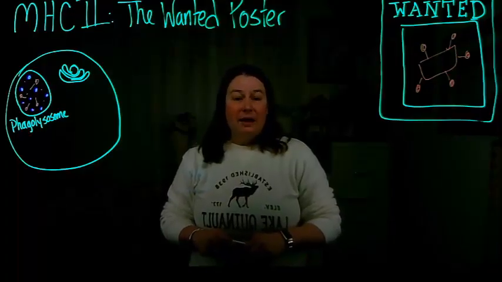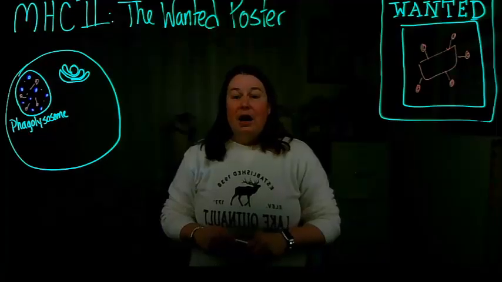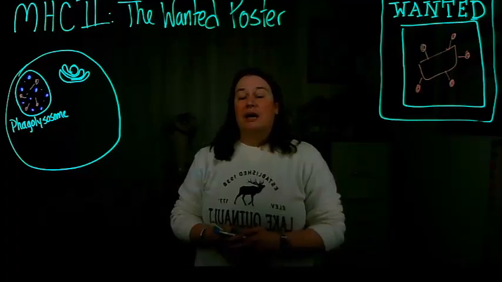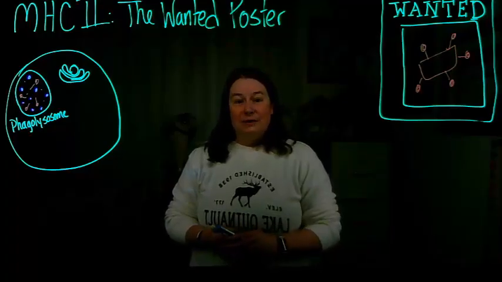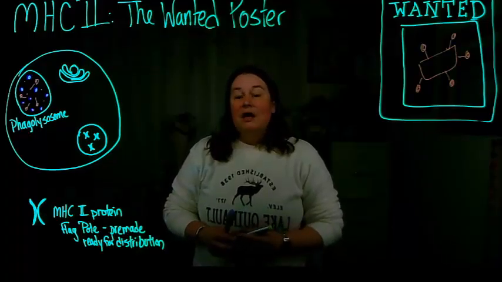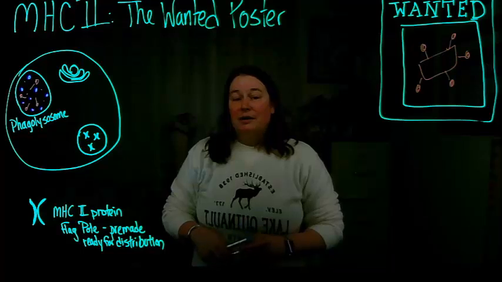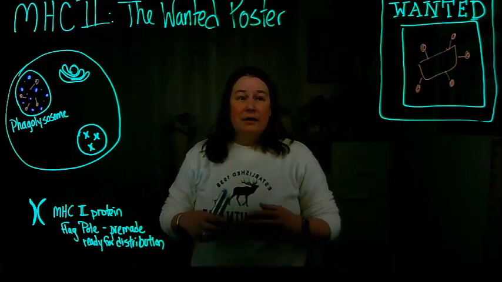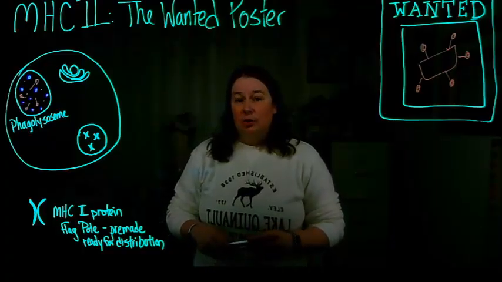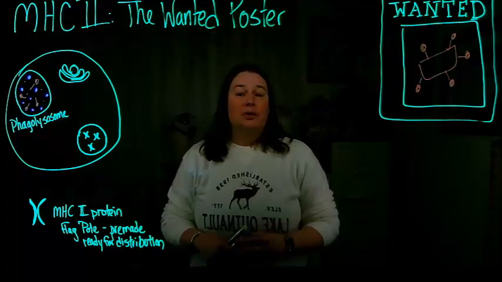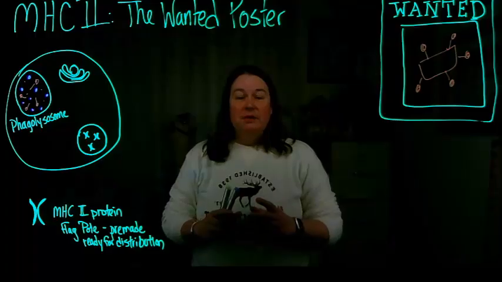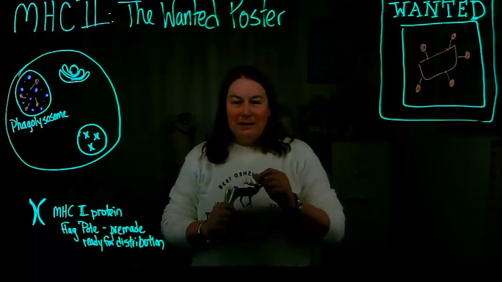For a cell to be able to display a wanted poster, another couple of things need to happen in order to get that signal out on the surface of the cell. The cells that do antigen processing have pre-made MHC2 flagpoles or MHC2 proteins. So what you'll have seen illustrated on the board now is this little X-shaped, I think of them as hot dog buns that have been kind of splayed open on the ends.